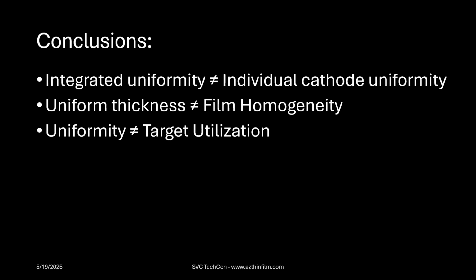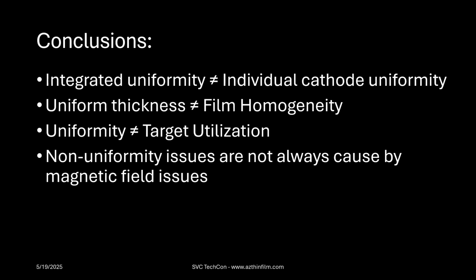Uniformity does not equal target utilization, so we can have fantastic uniformity within spec, but your target utilization could easily be well below your 80, 85%, closer down to like 60% target utilization with these deposition asymmetries.